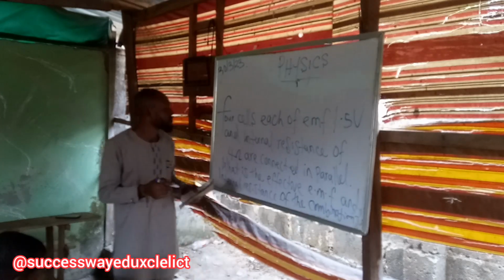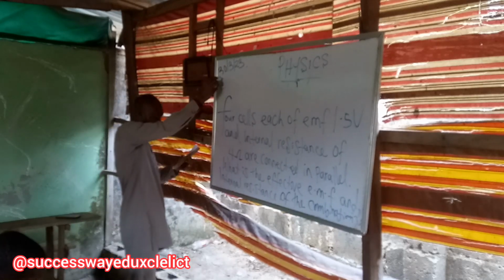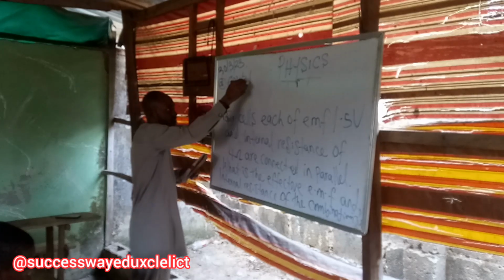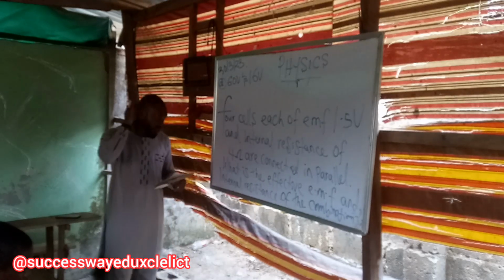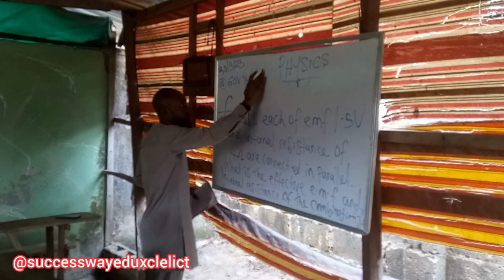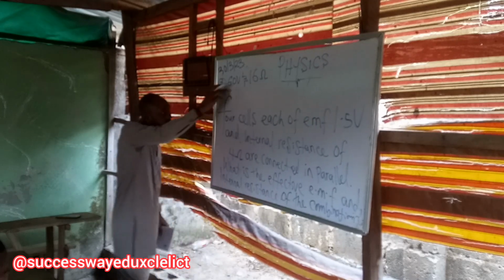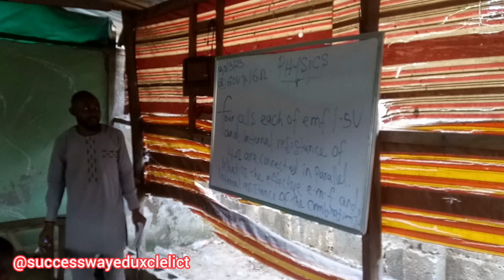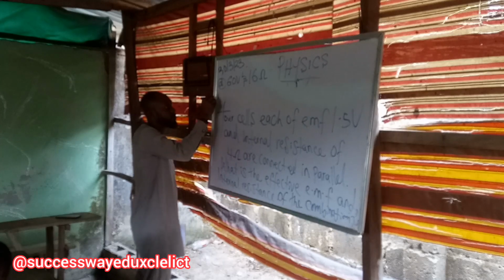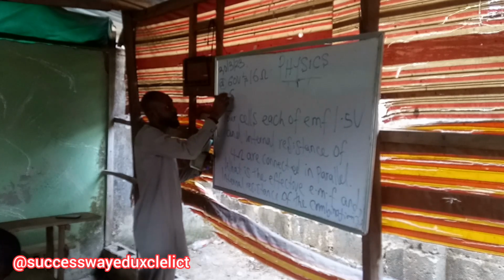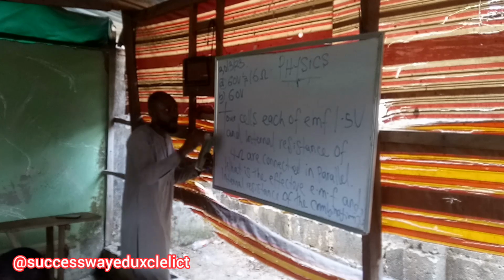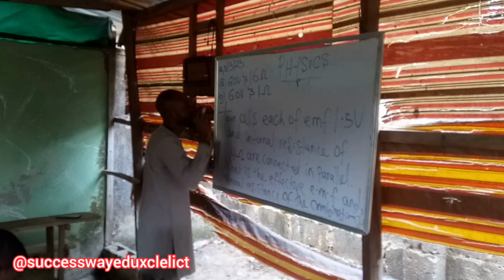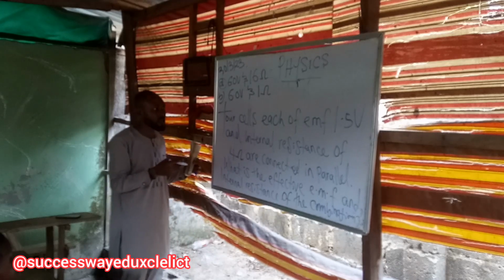There's the question. They gave us option A here: 6.0 volts and 16 ohms. That means one is representing the EMF and the second is representing the internal resistance. Option B: 6.0 volts as the EMF and 1 ohm as the internal resistance.